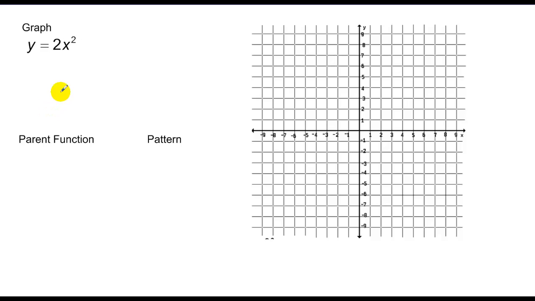In our next example, you'll see that we have an addition of some number in front of the x squared. X squared is still our parent function, and it still has a general pattern of -2, -1, 0, 1, 2, yielding 4, 1, 0, 1, 4. But in order to plot the appropriate points here, I'd have to multiply all my outcomes from the original pattern by 2.